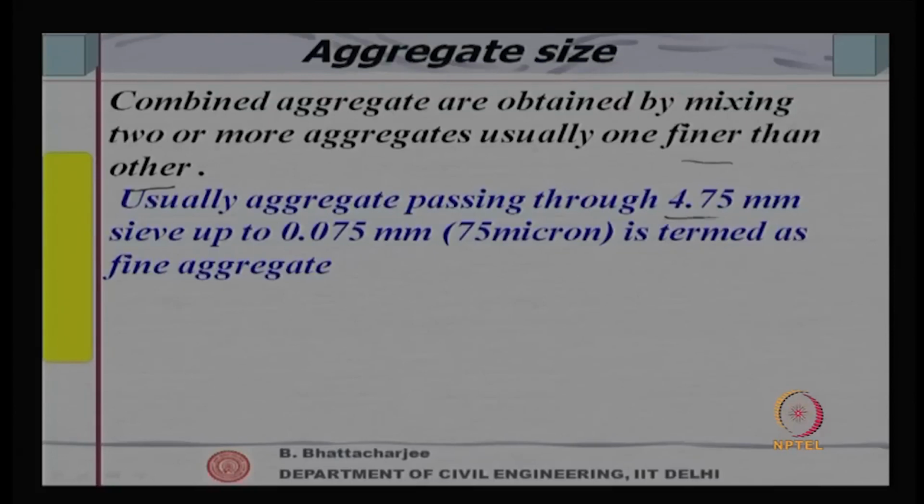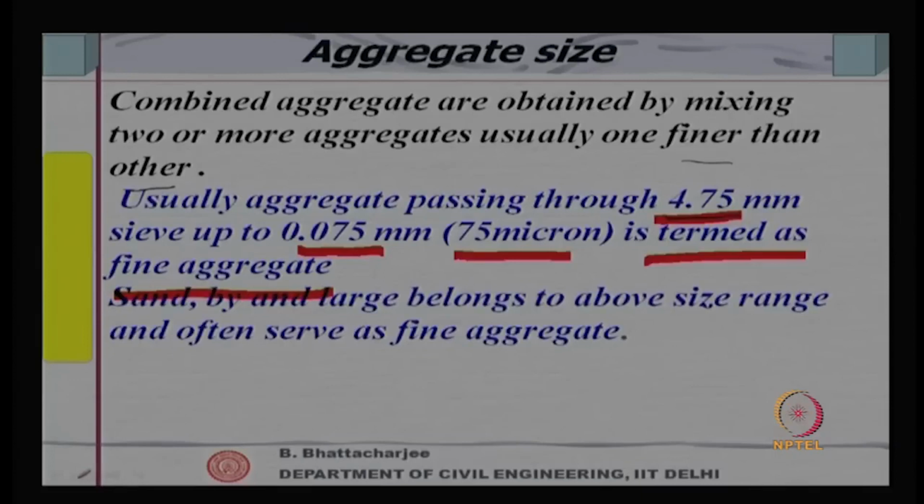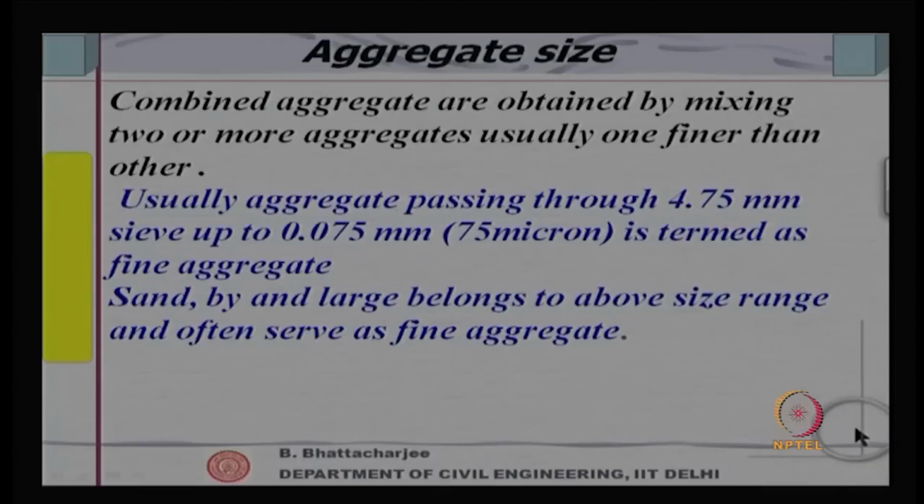Well, the aggregate passing through 4.75 mm sieve size and up to 0.075 millimeter, that is 75 micron, we call this fine aggregate, and aggregate retained on 4.75 mm sieve, larger than that, we call coarse aggregate.